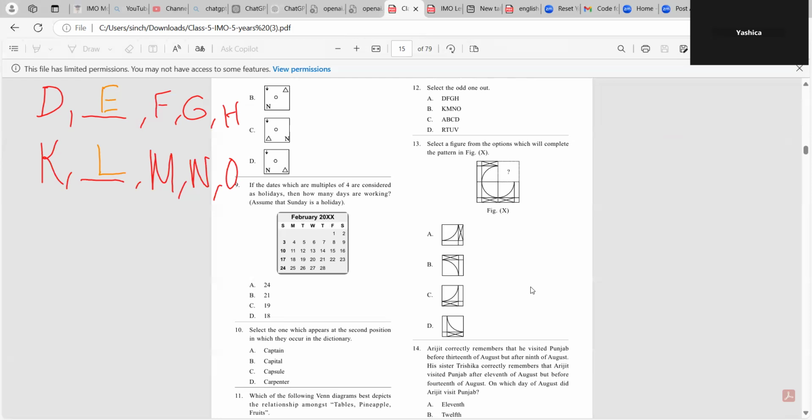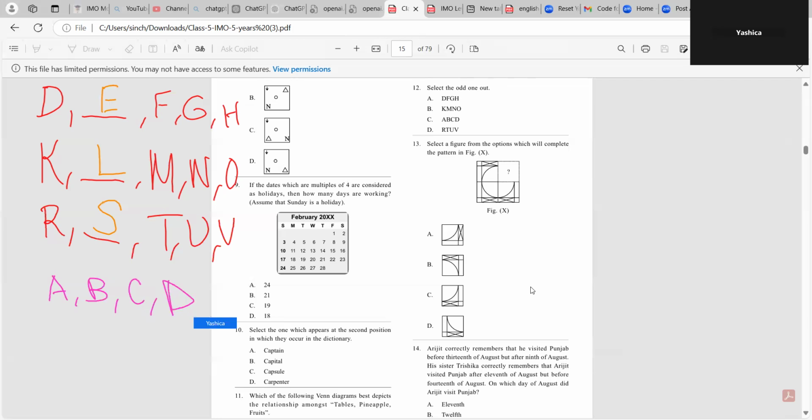Now R, to confirm, as per the pattern, there is a letter missing in the second place, which is S. Now in A, B, C, D, there are no letters missing in the second place.